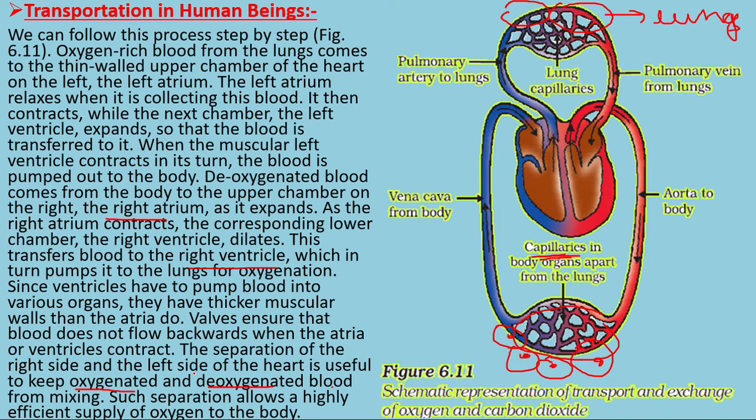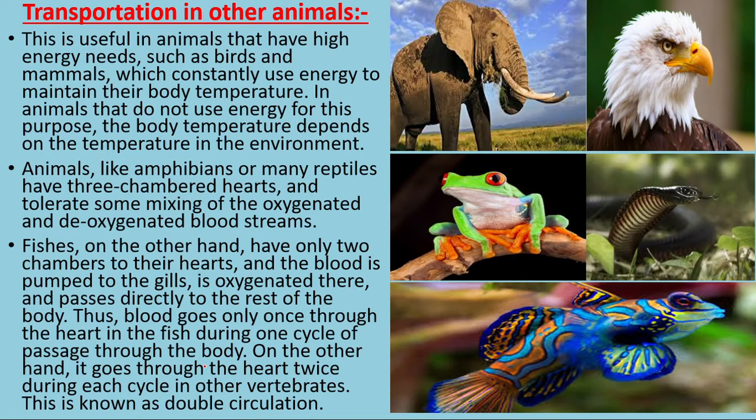So now let's go to the next slide. Now let's study transportation in other organisms, animals, sorry. When you take any mammal like an elephant, they have four chambers, and not only in mammals but also in birds.